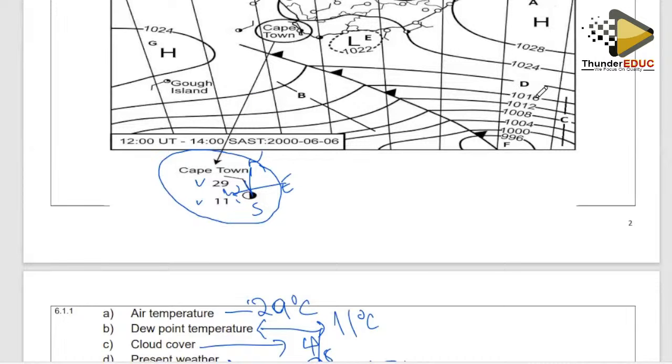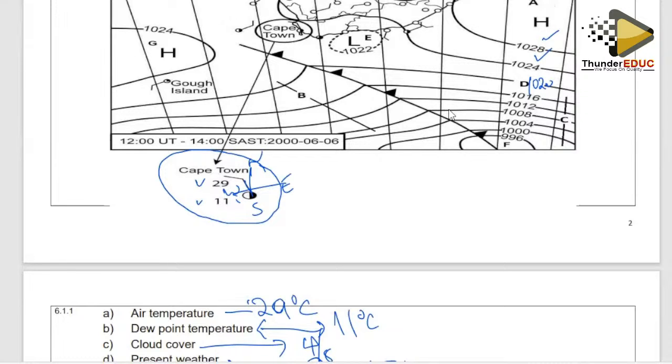And then there is a 1016. So if we try to figure out our interval, the interval is 4. We are moving from a low pressure cell here: 1000, 1004, 1008, 1012, 1016. Definitely for us to find D here, it's 16 plus 4, which gives us 1020, and 1024, and 28.